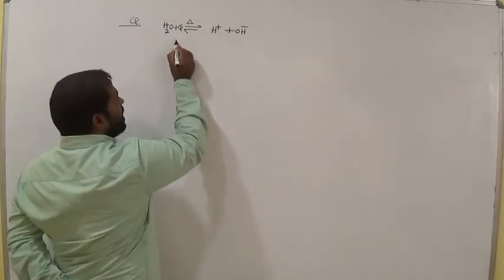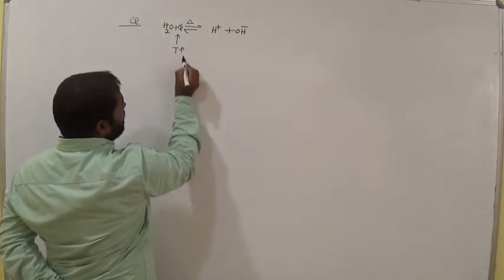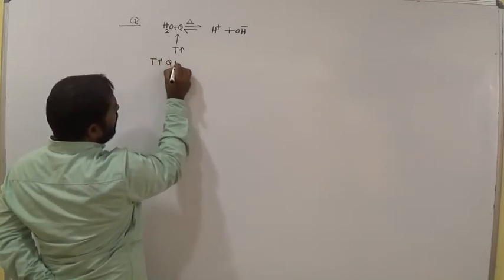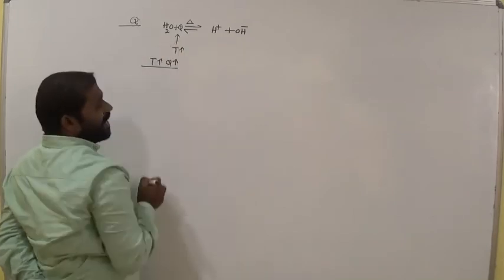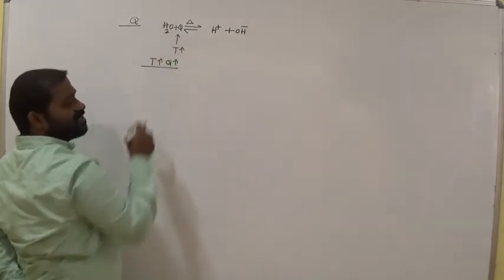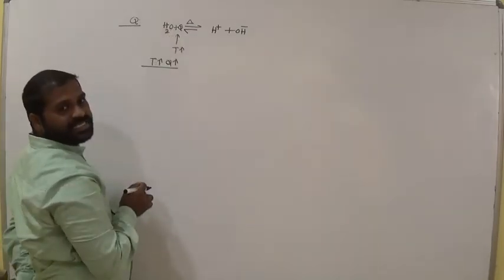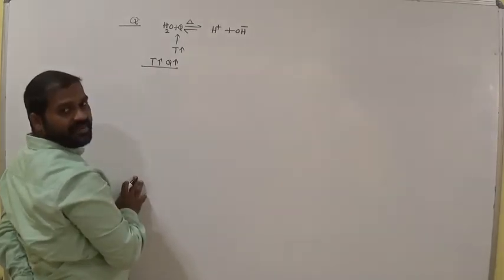So we offer heat energy. When heat energy increases, temperature also increases, or not? That means the amount of Q also increases. Here we applied energy to the system, am I right?